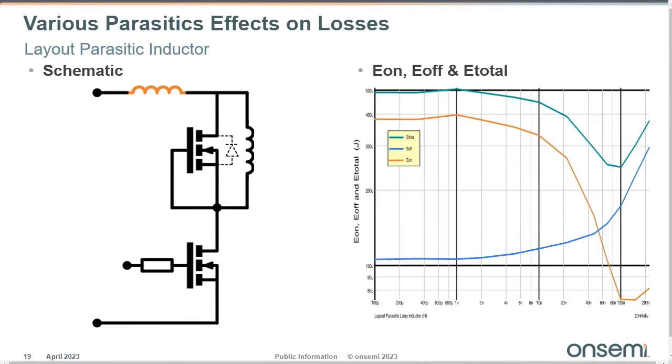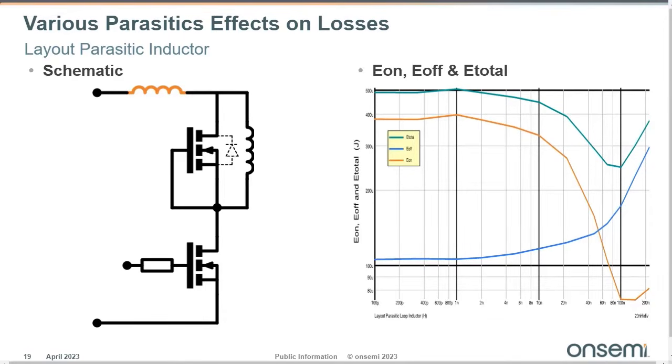We can guess for the total energy around 50 to 100 nanohenries. If we get to that point, the total losses are somehow lower. But if you get to that point, I don't know if I have it on the next slide.